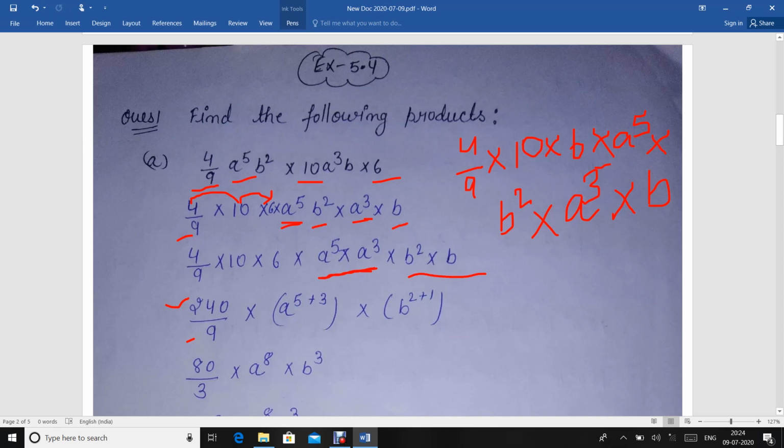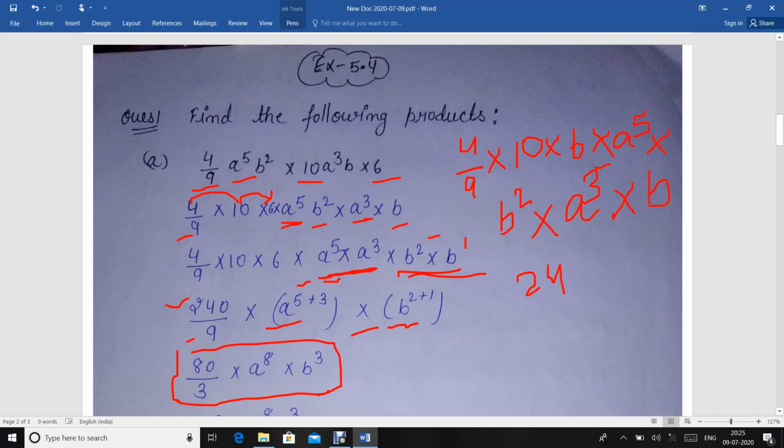Now you need to add the exponents of the same bases. See here, a raised to power 5 plus 3. Similarly, b raised to power 2 plus 1. So the answer is 80 upon 3 into a raised to power 8 b raised to power 3.